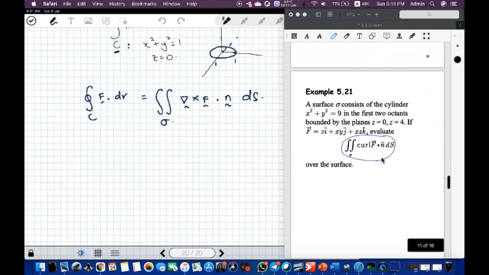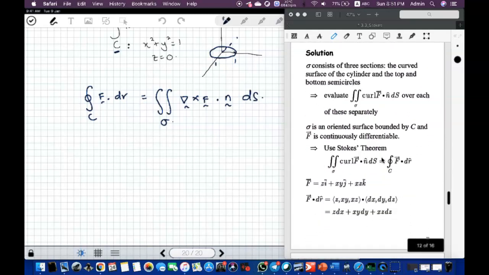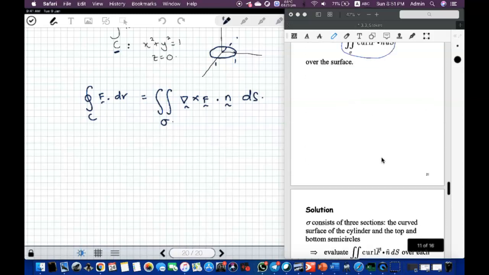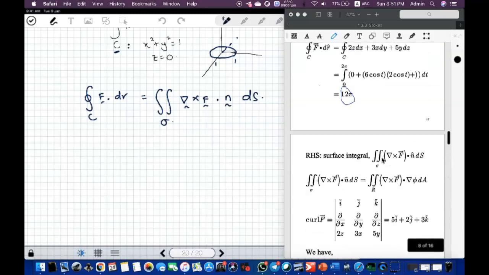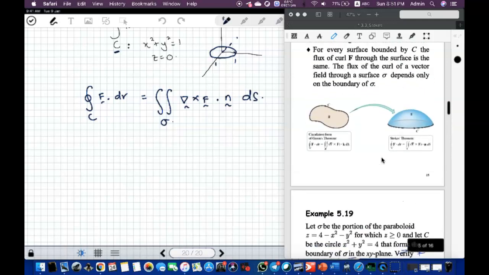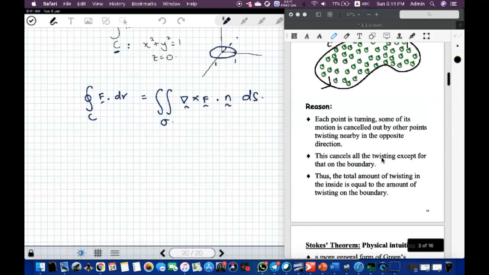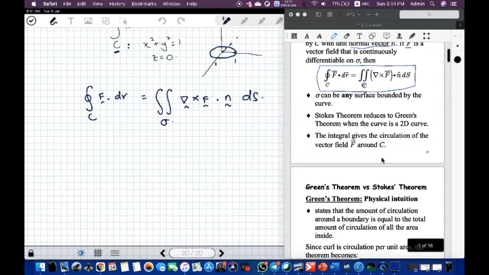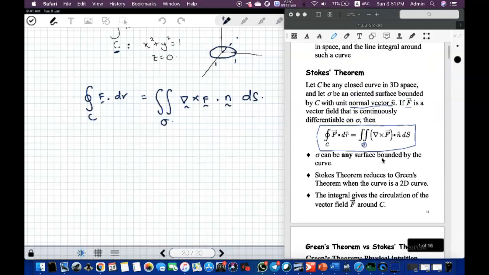Okay, so if we look here at the Stokes theorem, we assume that C is any closed curve that is the boundary of the open surface sigma, and F here is a vector field that is continuously differentiable.